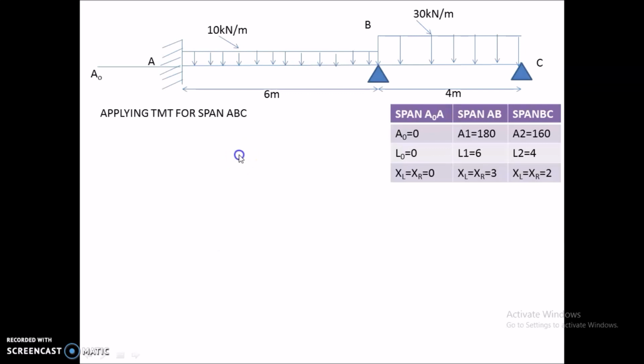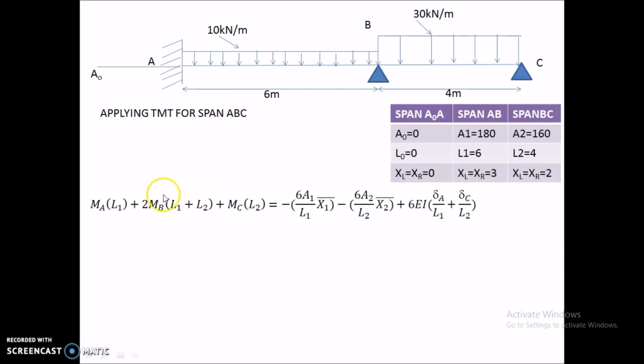Coming to the second span, I am considering the span ABC and I am applying the three moment equation. So now our three moment equation is MA into L1 plus 2MB L1 plus L2 plus MC L2 is equal to minus 6 A1 X1 bar by L1 minus 6 A2 X2 bar by L2 plus 6 EI delta A by L1 plus delta C by L2.